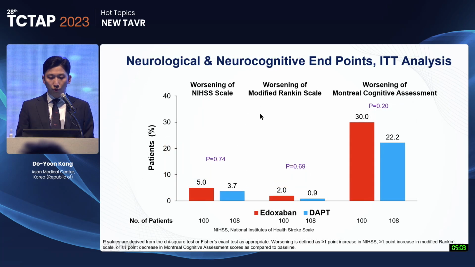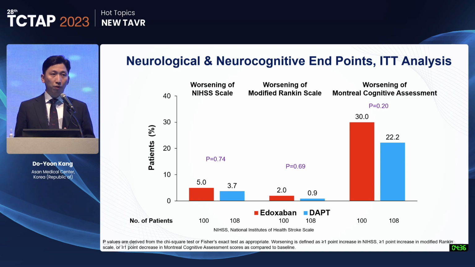The neurological or neurocognitive endpoint was also not different by drug, and the correlation analysis between leaflet thrombosis and brain imaging was not significant. So we concluded that the use of edoxaban decreased HALT a little bit, but it was not related to neurocognitive events or MRI findings.